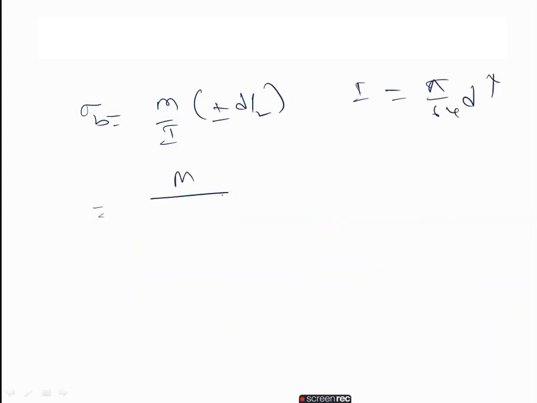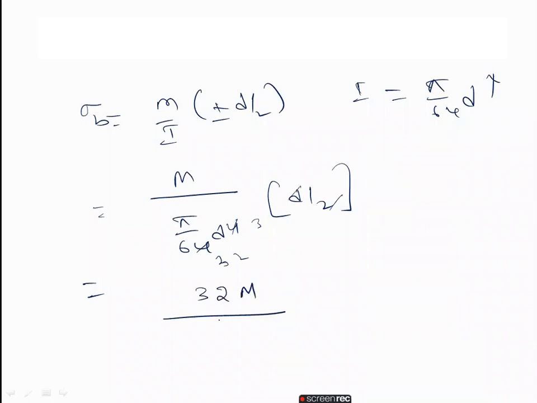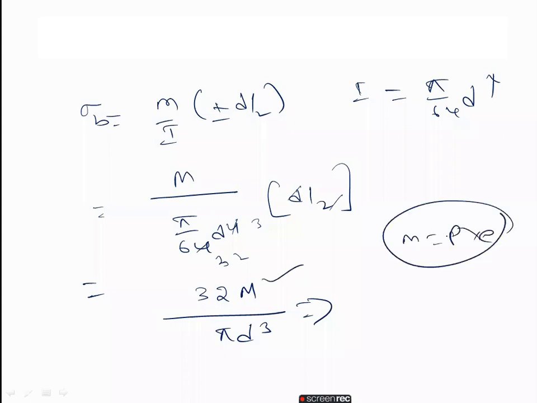So I will substitute here M by pi by 64 D power 4 multiplied by D by 2. Then what happens? 2 into 32, then D will cancel. So 32 into M by pi D cube. And M we know, M is P into E. Substitute that: 32 into PE by pi D cube. This is the sigma B value, the maximum bending stress value.